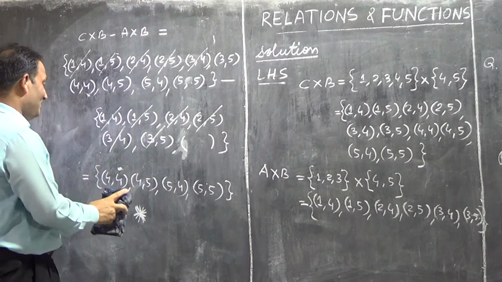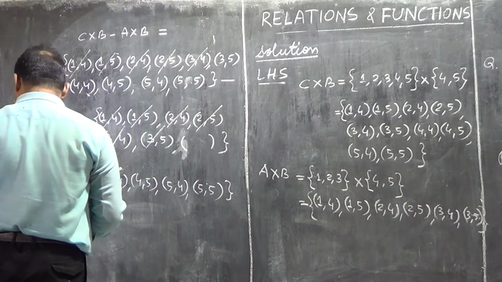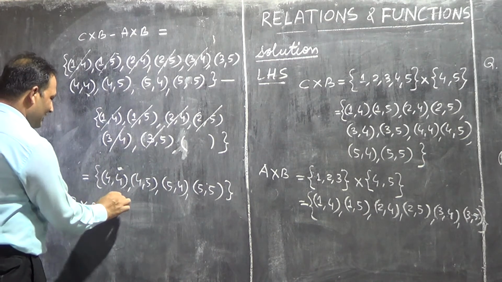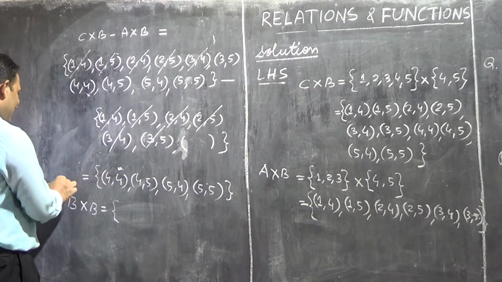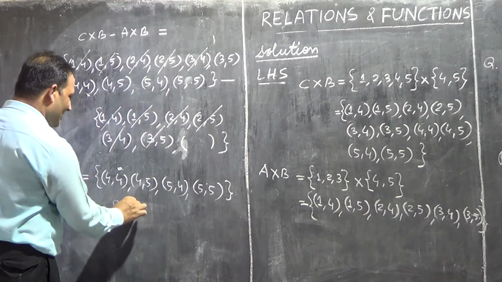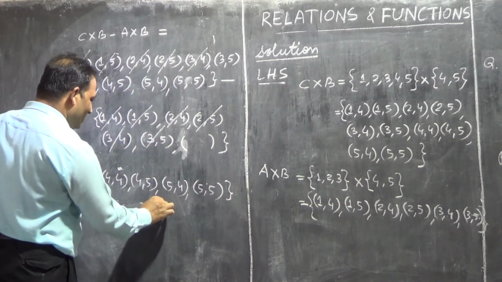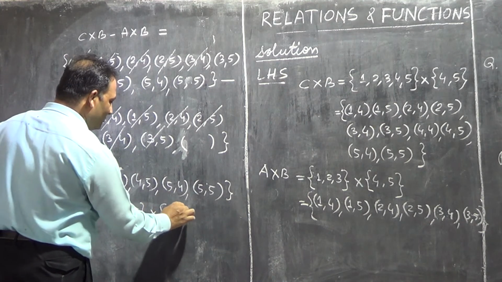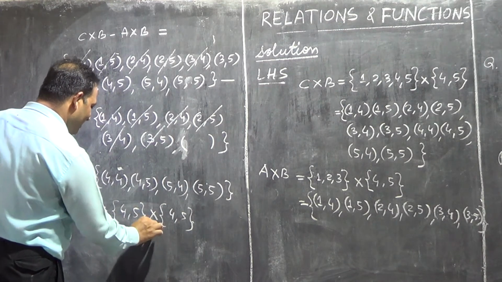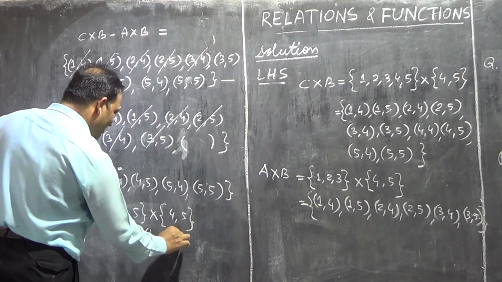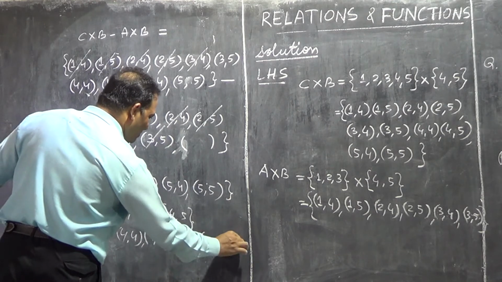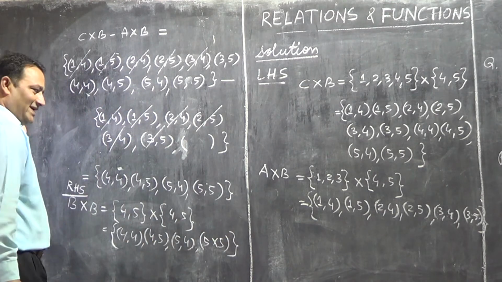Now the right hand side is B cross B. So we will perform the operation B cross B here. B is 4, 5 and 4, 5. When we multiply, 4 and 4 is one ordered pair, 4 and 5 another, then 5 and 4 another, and 5 and 5 another. So we got the right hand side also.